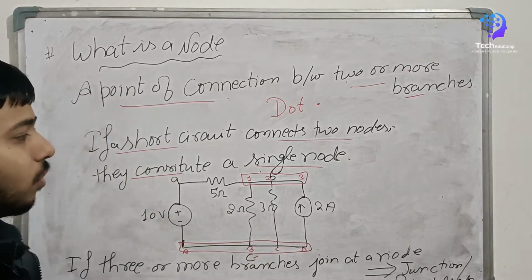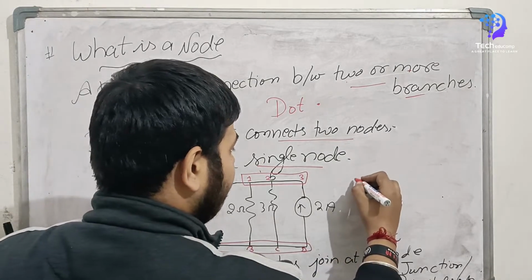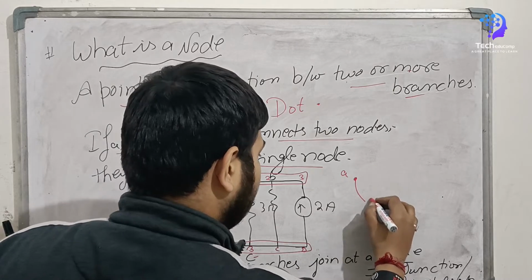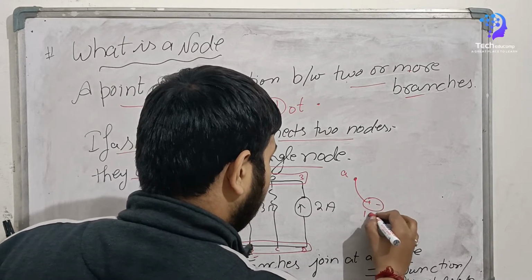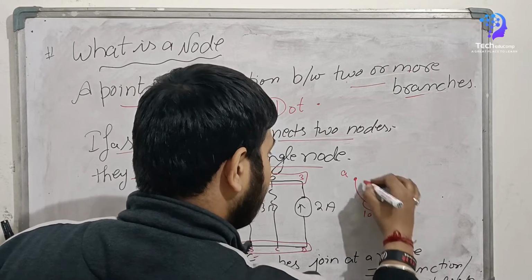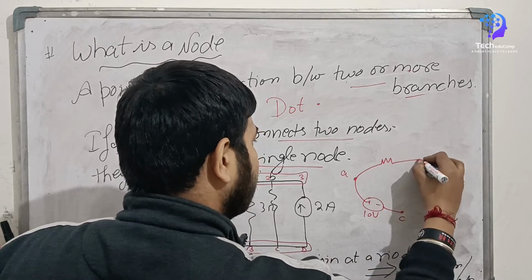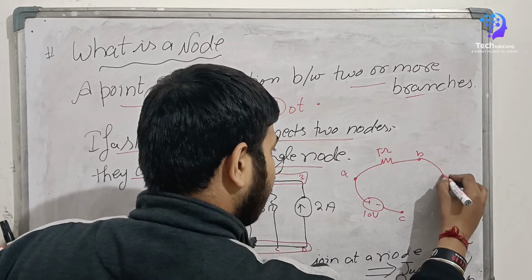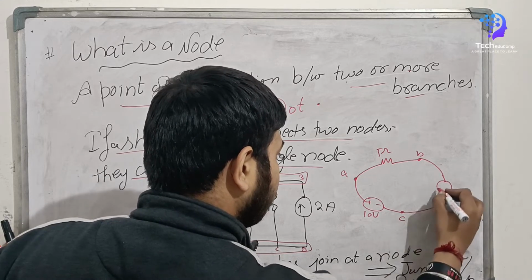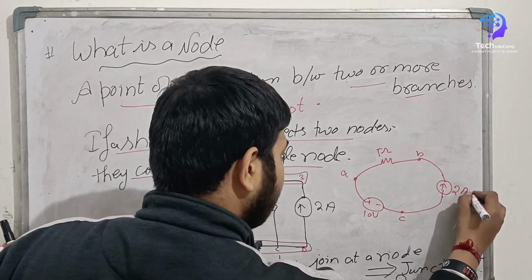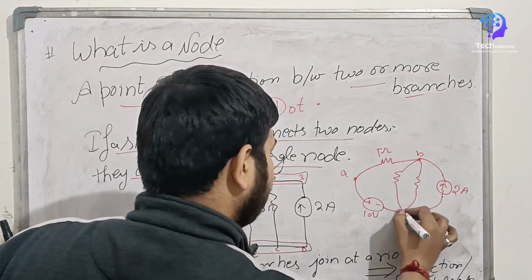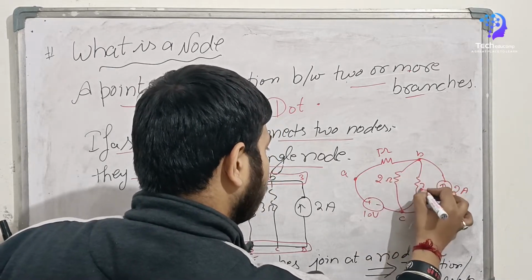So I can redraw this whole circuit like this. This is point A, this is the 10 volt voltage source, this is C, this is the 5 ohm resistor, this is point B, this is the 2 ampere current source, and these are the two resistors, 2 ohms and 3 ohms.